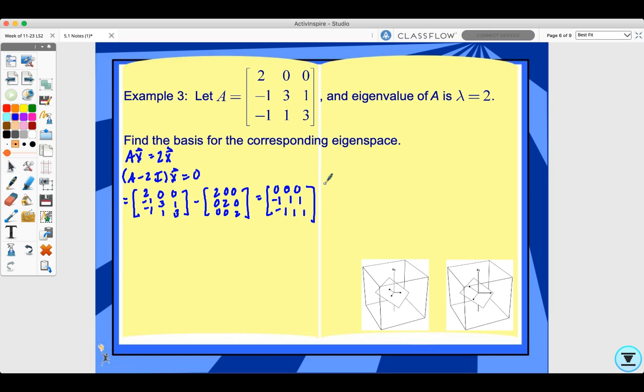Next, we need our augmented matrix and we need to solve. So now we need to solve (A minus 2I)x equals 0.